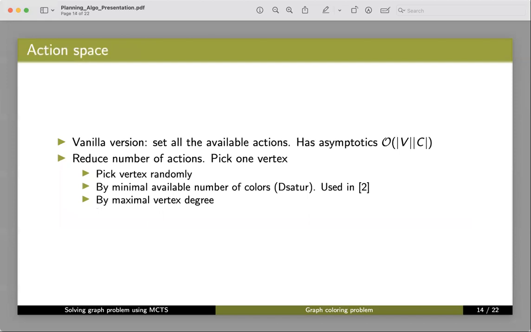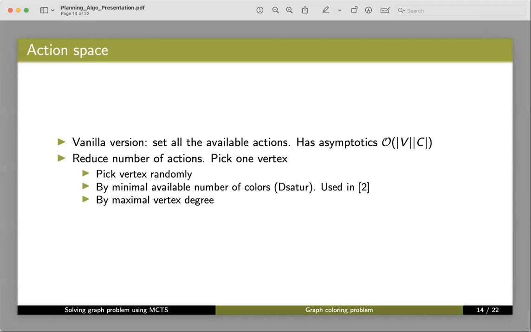Another important aspect is the action space, because in the vanilla version, as stated in the formulation of graph coloring as a planning problem, the next action is basically coloring a vertex. So we have all the uncolored vertices and all the colors we can apply to them.